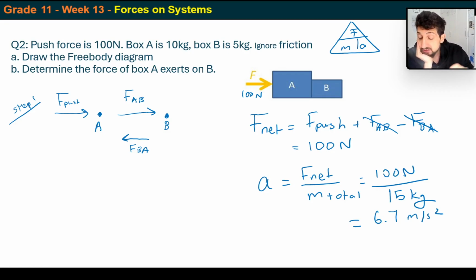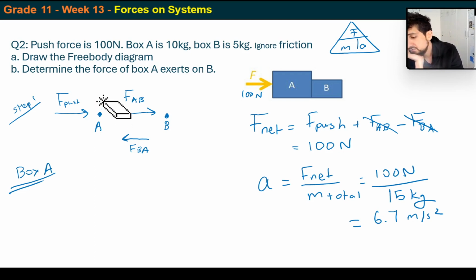So I've got the acceleration, and then I'm being asked to determine the force that box A exerts on B. Okay, so let's look at box A. I want you to look at box A for a second, and that's box A right here. What are the forces acting on box A?